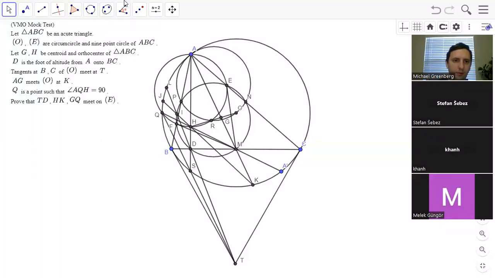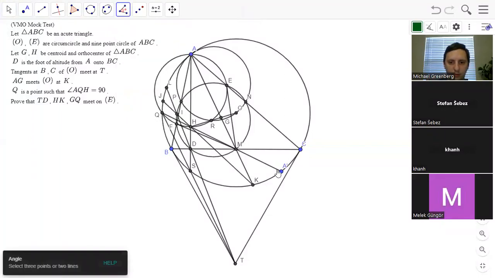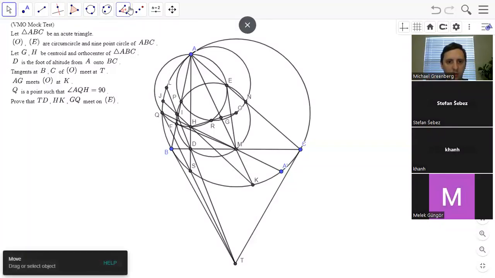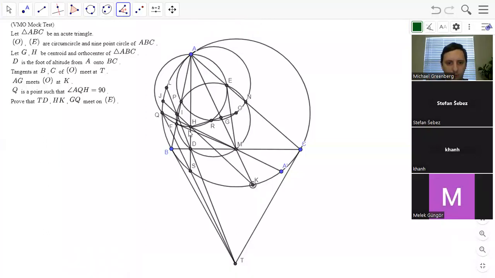Let me see if these are isogonal: K, A prime, H, and S, H, T. Those are not isogonal.